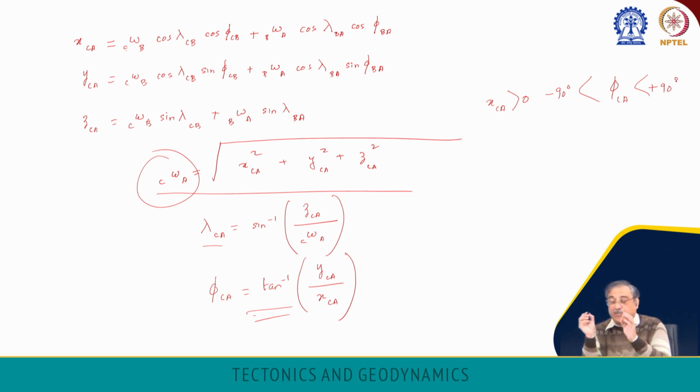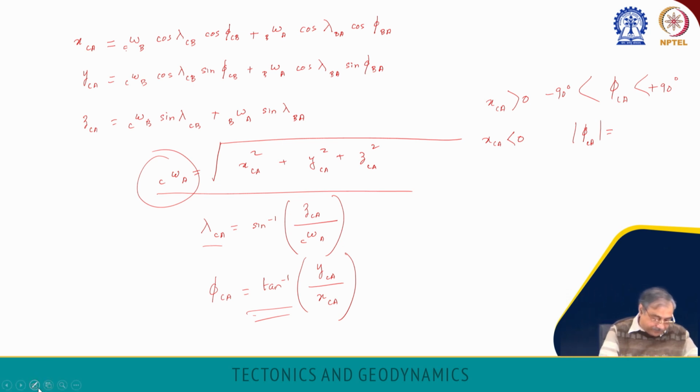If xCA is less than 0, then the magnitude of phi CA will be greater than 90 degrees. So this is the convention that you should keep in mind.